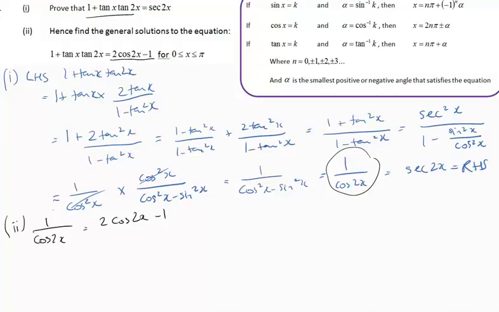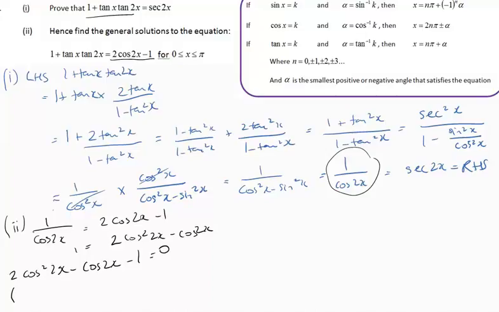So we multiply across, 1 is equal to 2 cosine squared 2x minus cosine of 2x here. Put it all on one side, we're going to have 2 cosine squared 2x minus cosine of 2x minus 1 is equal to 0.